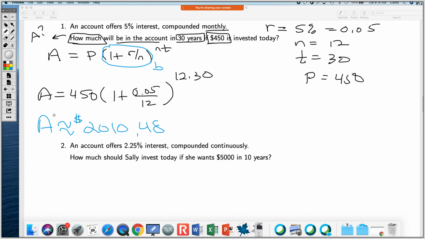All right. So if you hear the words future value or present value, they're working this formula one way or the other. Any questions on identifying these different parameters and then plugging them in?